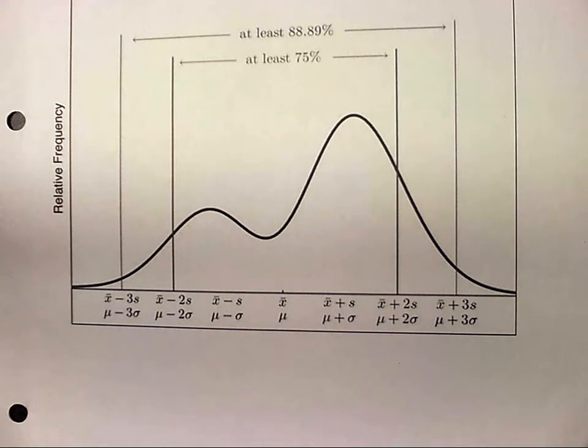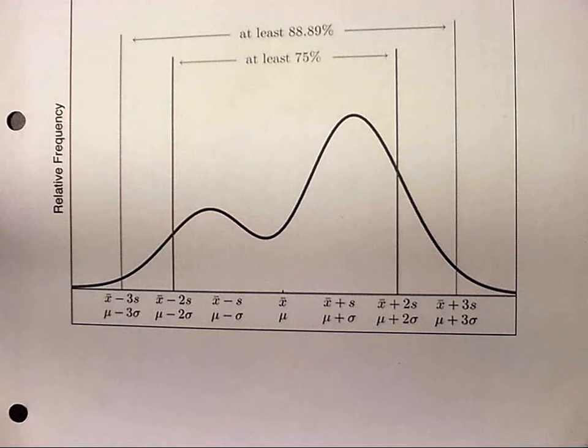So let me ask you this. Can we apply Chebyshev's theorem to a bell-shaped and symmetric distribution? Yes, because a bell-shaped and symmetric distribution is a data set. This works for any data set, so we can also apply this to a bell-shaped and symmetric distribution. Can we apply the empirical rule to a distribution that looks like this?